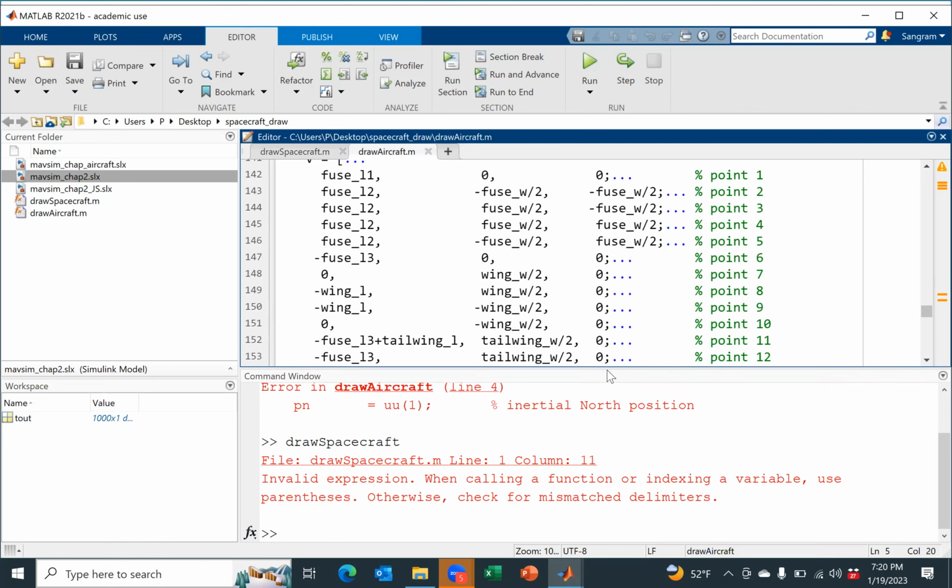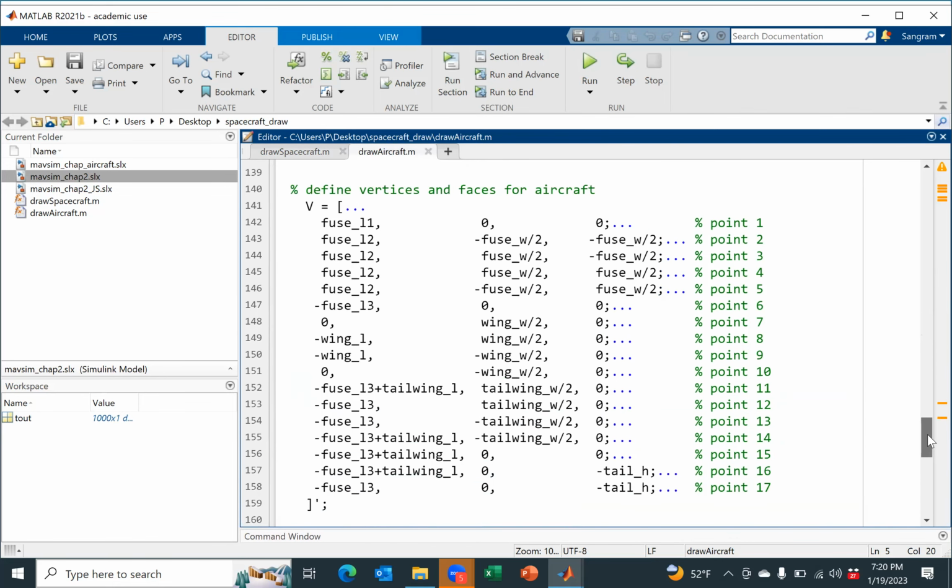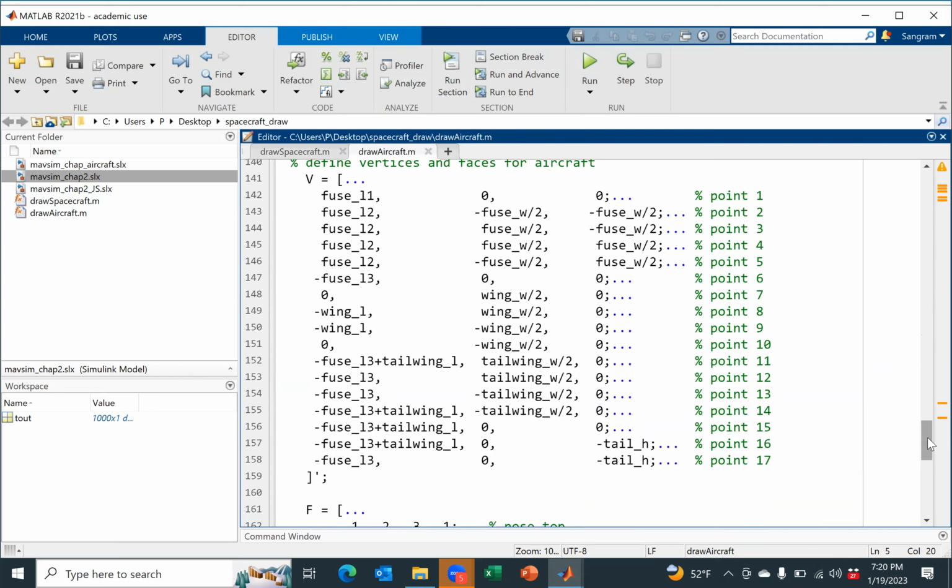So your aircraft has 17 points, and you have to give the coordinates of those 17 points. Here I gave the coordinates in terms of lengths, like fuselage L1, fuselage L2, fuselage L3, wing W1, then fuselage tail wing W by 2.